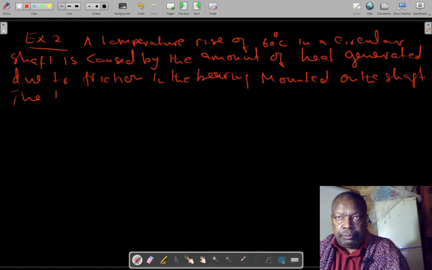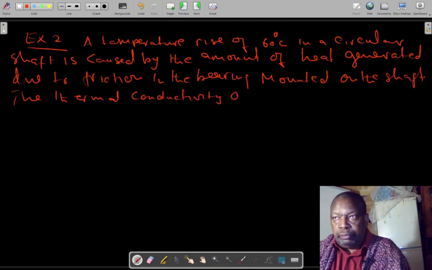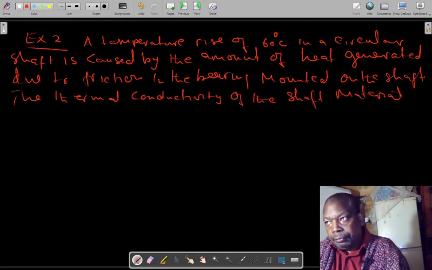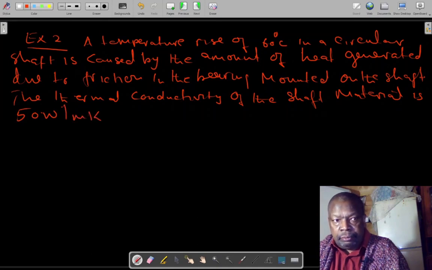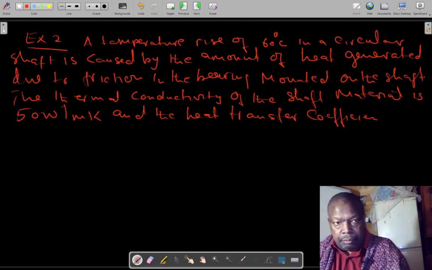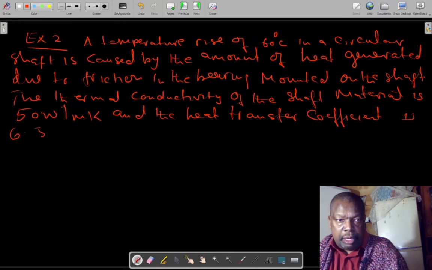The thermal conductivity of the shaft material is 50 watt per meter Kelvin, and the heat transfer coefficient is 6.5 watt per meter squared Kelvin.